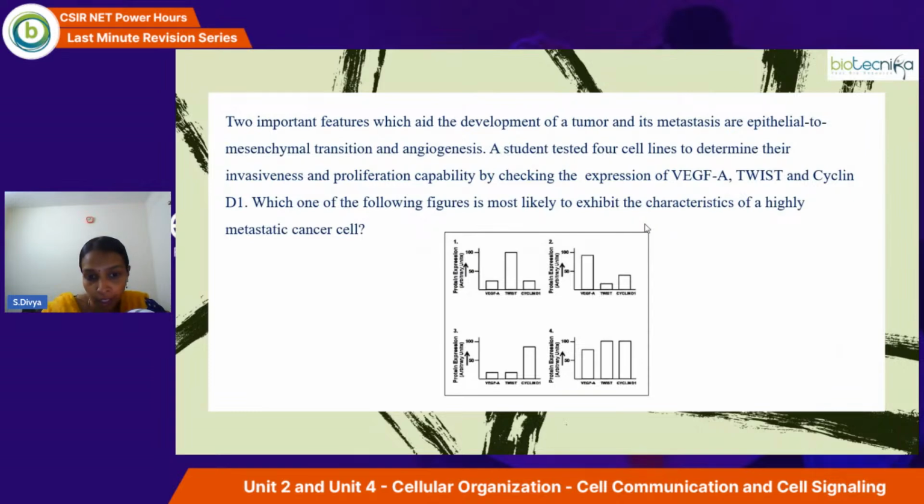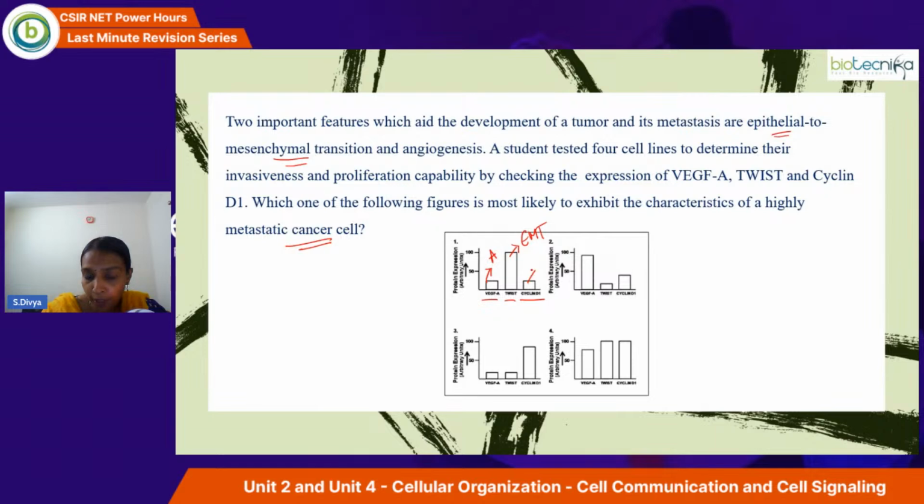Now here you have to compare the difference between the graph of VEGF, Twist and cyclin D1, which determines the metastatic cancer cell. To understand this, you have to understand the function of these three. VEGF is responsible for angiogenesis. Twist is responsible for EMT, that is epithelial to mesenchymal transition.